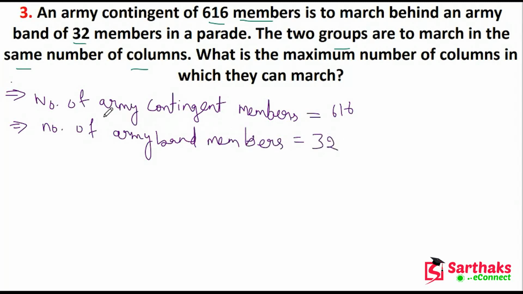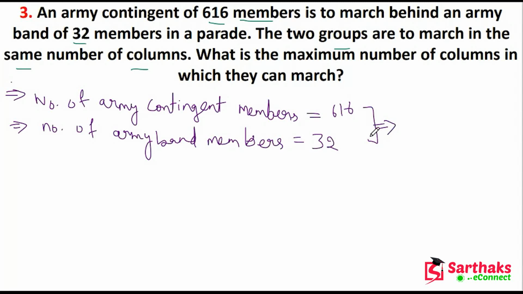Okay, yes. So if the groups have to march in the same column, we have to find the highest common factor between the two groups. So HCF of 616 and 32 gives the maximum number of columns in which they can march. Okay, I hope you got this point.